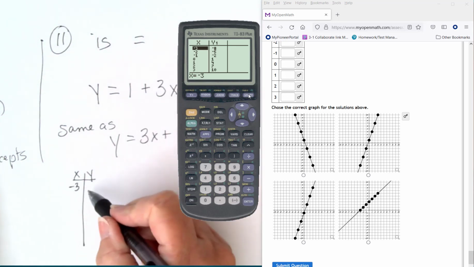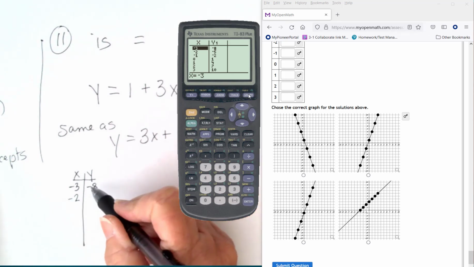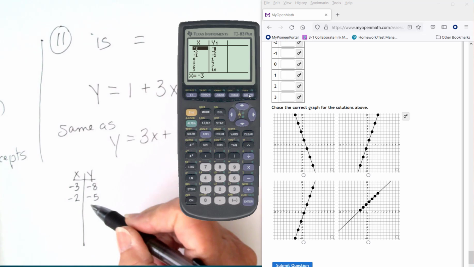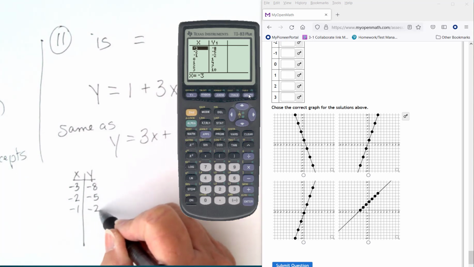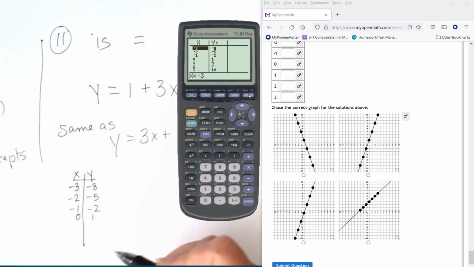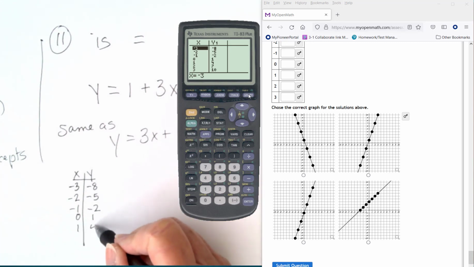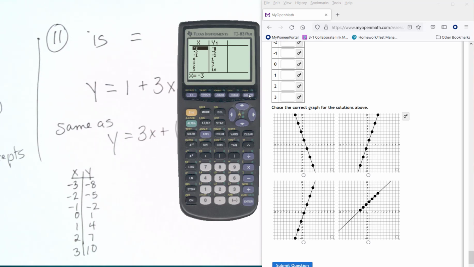So if -3 is -8, -2 is -5, -1 is -2, 0 is 1, 1 is 4, 2, 7, and 3, 10.